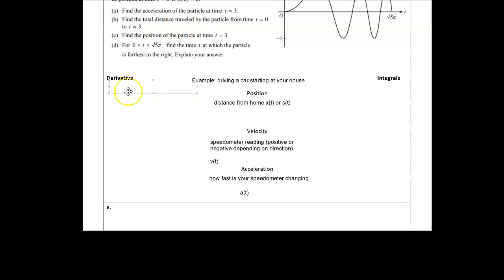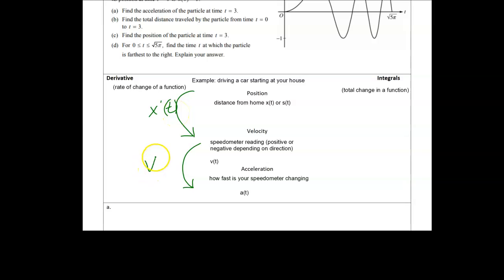And then remember, we have derivatives, which give us the rate of change of a function at a particular time, and we have integrals, which give us the total change in a function over a particular time interval. So the relationship here is that taking a derivative moves me down a level in this chart. The derivative of position is velocity, and the derivative of velocity is acceleration.